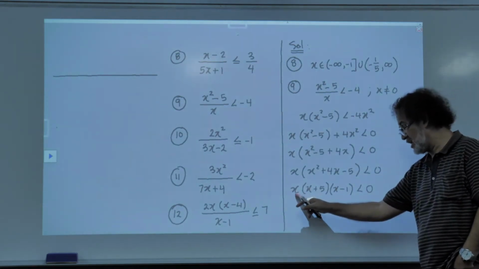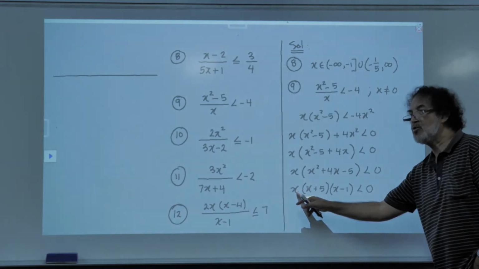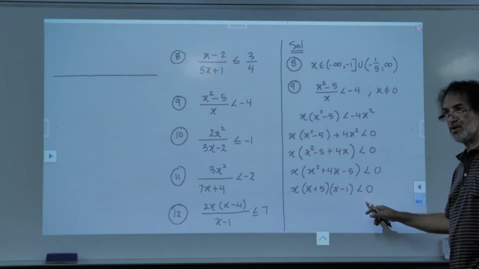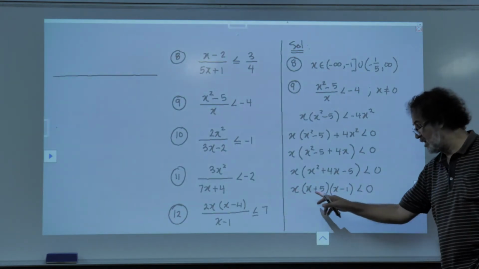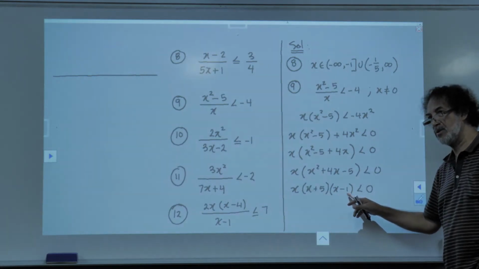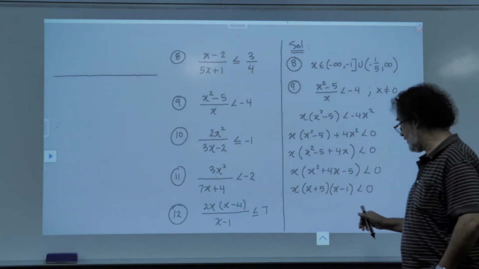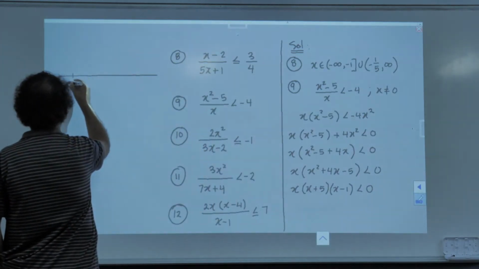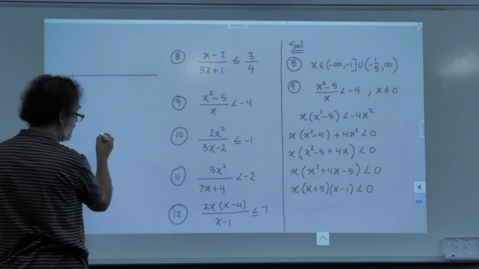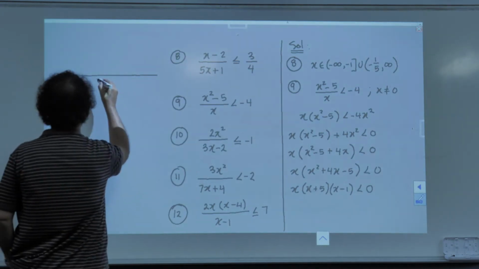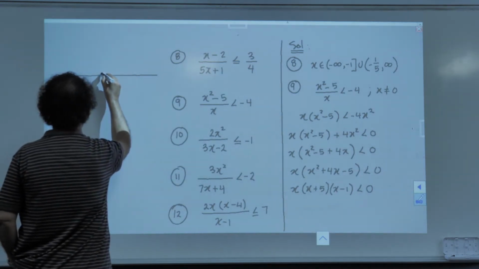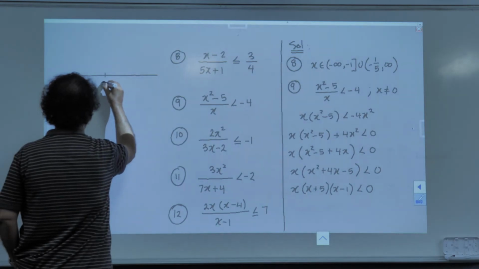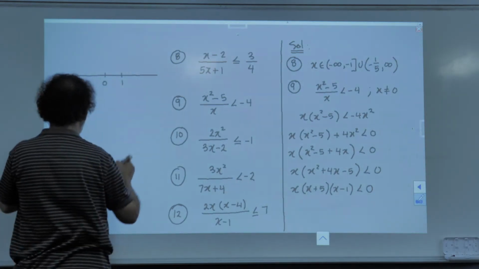If you equate each one of these factors to 0, you have x equals 0, x equals -5, and x equals +1. So let's say this is -5, then we have +1 and 0. This is 0, and let's say that +1 is somewhere there.